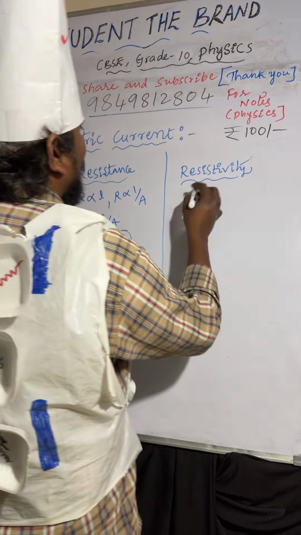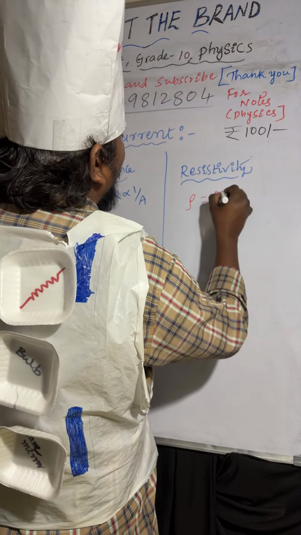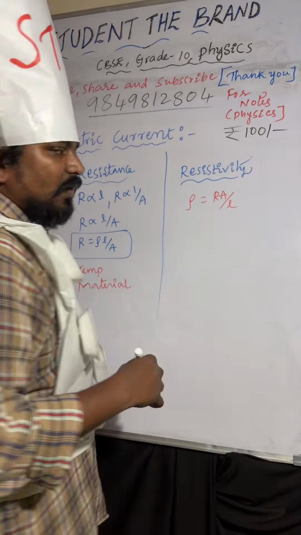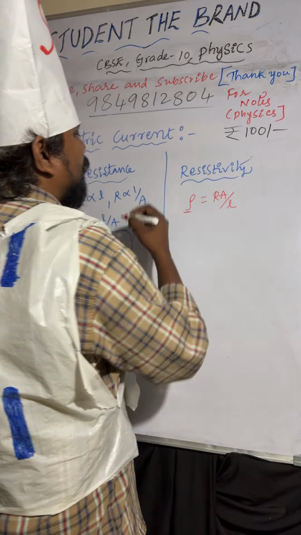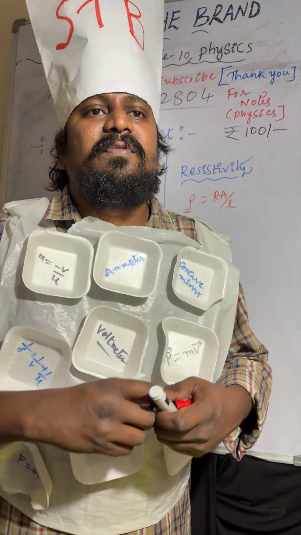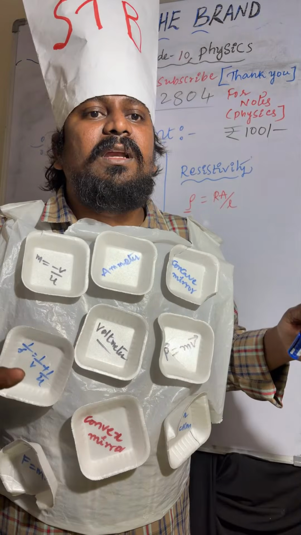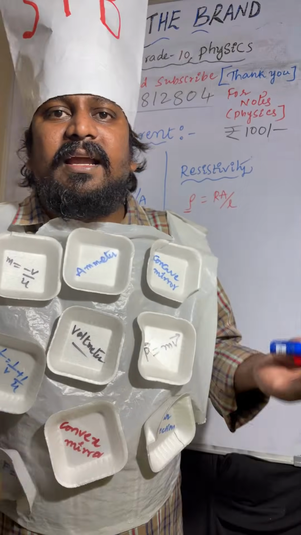So coming to resistivity, rho equal to RA by L. By seeing the formula, we can tell the definition. It's very, very important. You have to observe the formula. By observing the formula, we can get the definition.